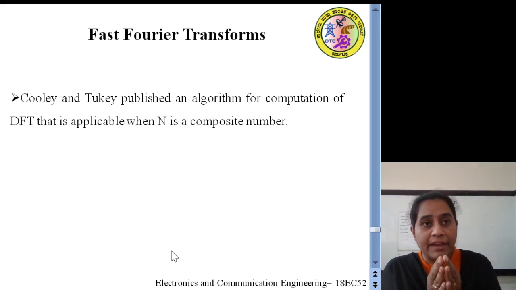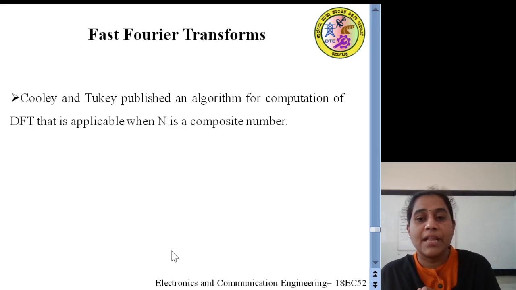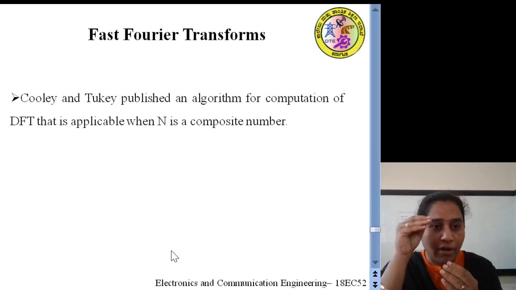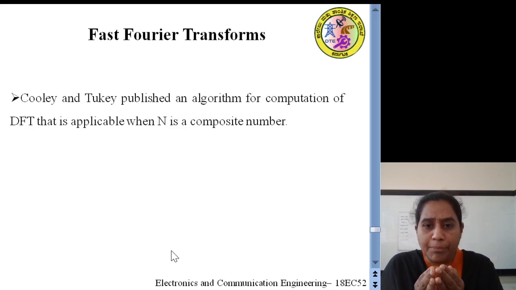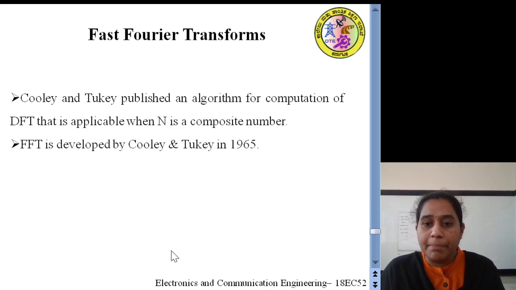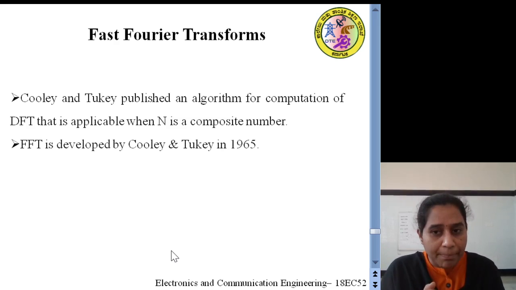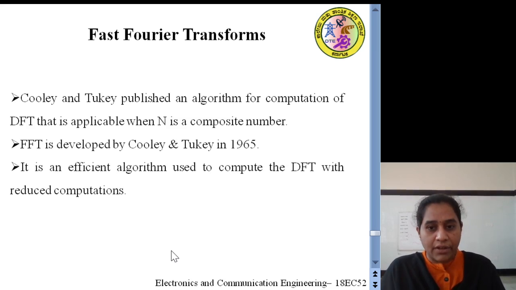That means in real-time signal processing, whenever the value of N is a composite number which is large in size, we need to compute the DFT in divided form. That algorithm was developed by Cooley and Tukey, who developed the fast Fourier transforms in the year 1965.